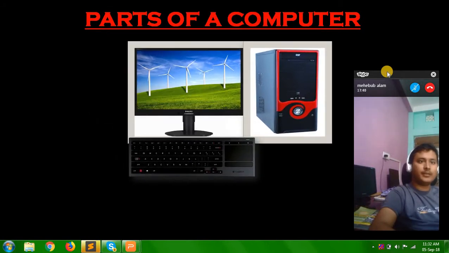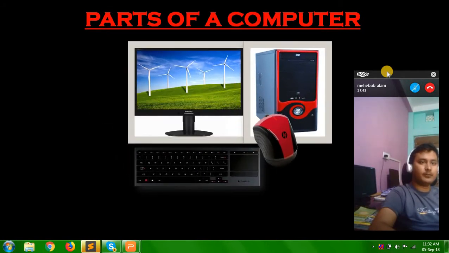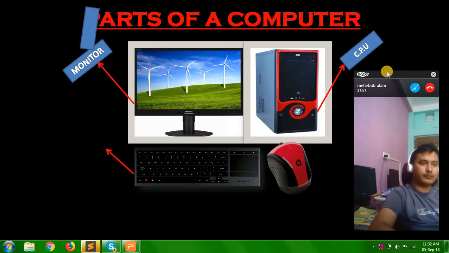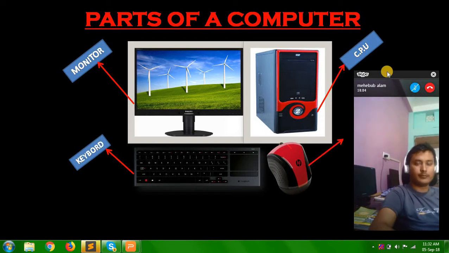Parts of computer. Monitor. CPU. Keyboard. Mouse.